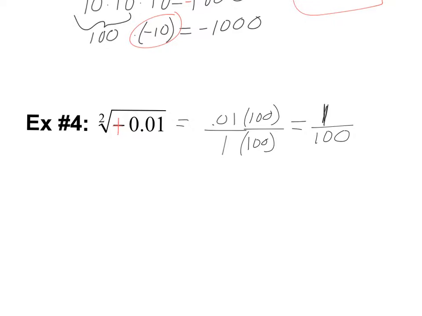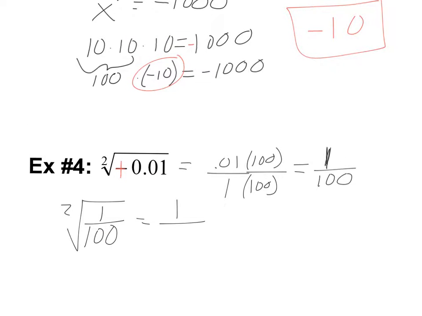So this whole thing is actually like saying, what is the square root of 1 over 100? Converting decimals to fractions is a skill you should be fluent with, but I understand that not all of us are. Now this should be pretty straightforward, because what's the square root of 1? What times itself equals 1? That's just 1. And what times itself equals 100? We already saw this earlier, right? It's 10. And so we would just write 10.